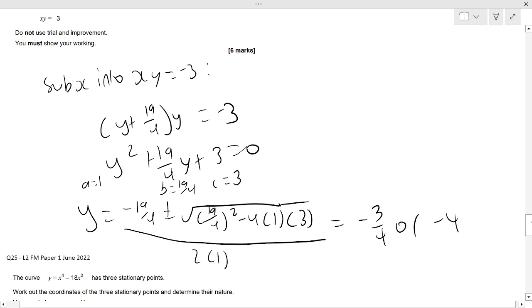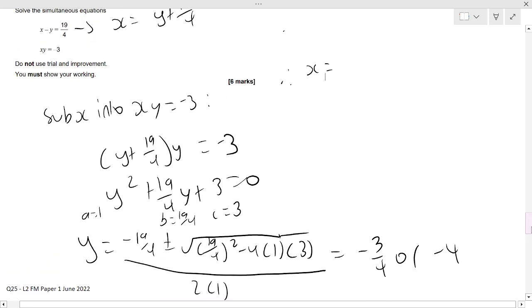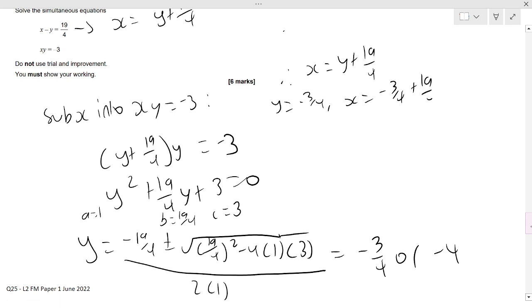But we know that x, remember, was y add 19 over 4. So then I'm going to say when y is minus 3 over 4, x is going to be minus 3 over 4 add 19 over 4, which would be 16 over 4, which should be positive 4, because 19 is bigger than 3. Yeah, okay, positive 4.